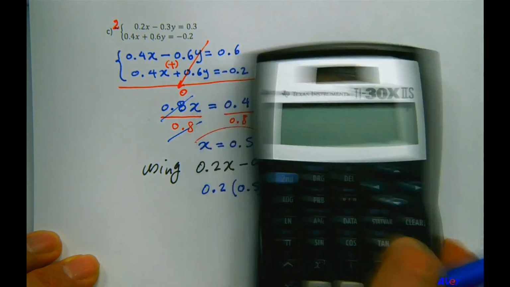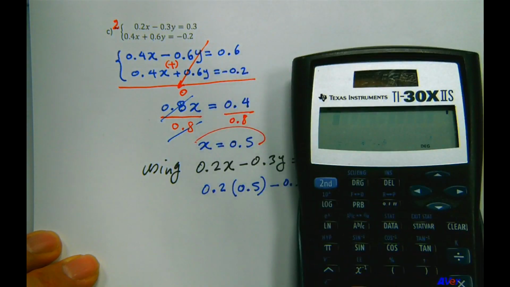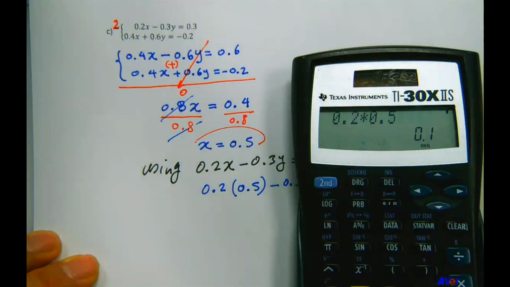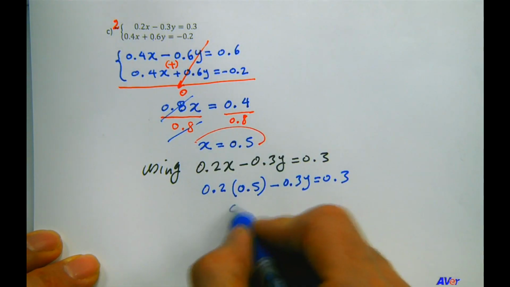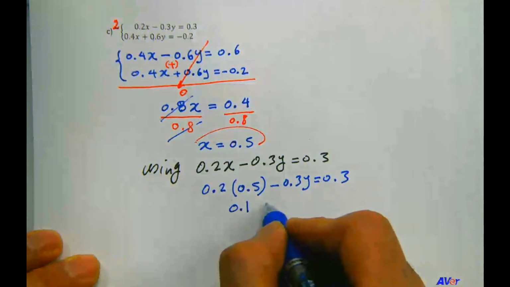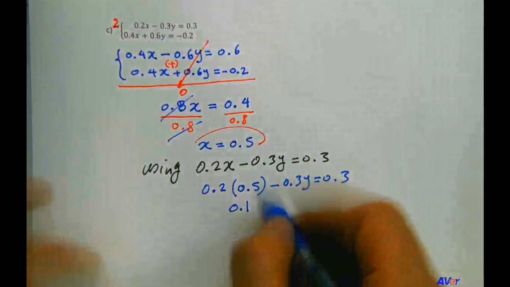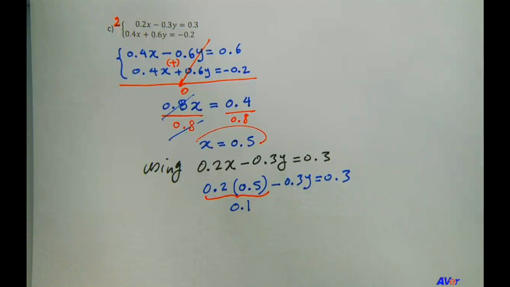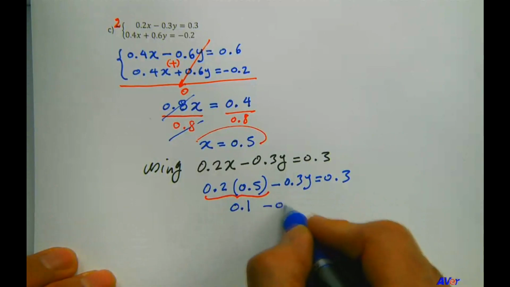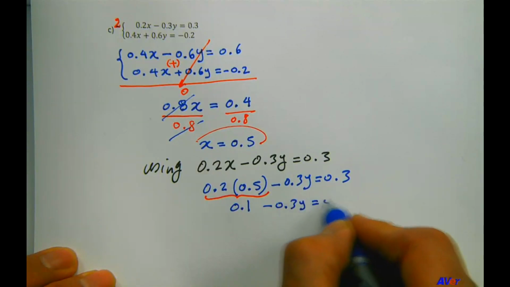Let's find out. 0.2 times 0.5 is 0.1. Okay, so this is 0.1 minus 0.3y equals 0.3.